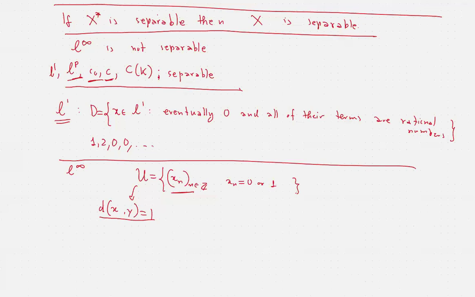So you just have too many of these balls. If you had a countable dense set, then it should have at least one element in each ball. But that means you would need at least uncountably many elements to be present in all these balls that have empty intersection with each other. So that tells you that L infinity can never be separable. And that's how this is shown. Okay, and that's all. Thanks for watching.